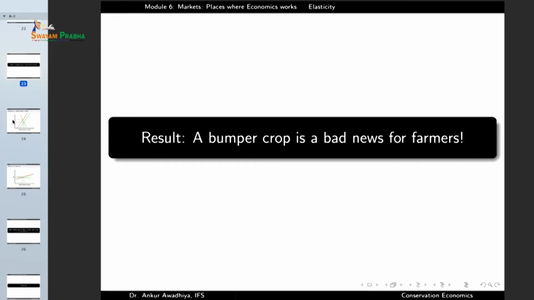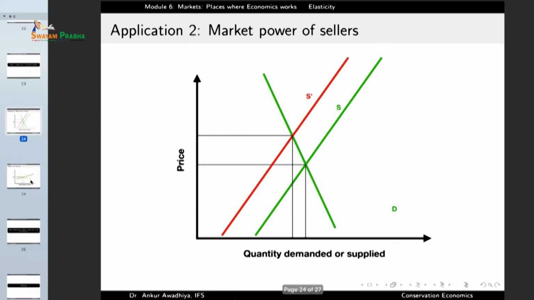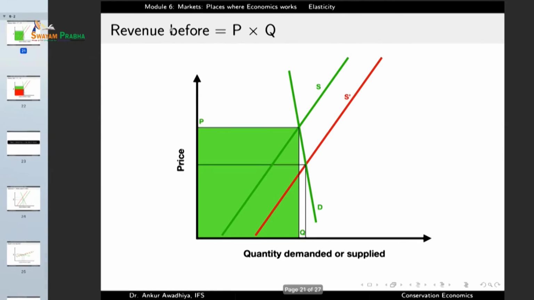So if you have a scenario in which there are only a few farmers who have increased their output, because the revenue is equal to the price multiplied by the quantity, if there is very little change in the price, and a few farmers are able to increase the quantity, in that case, those farmers would be able to increase their revenue.